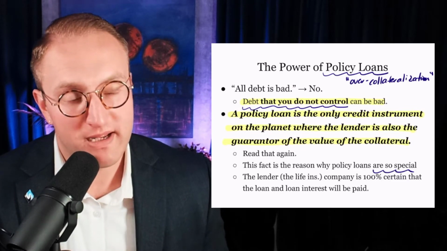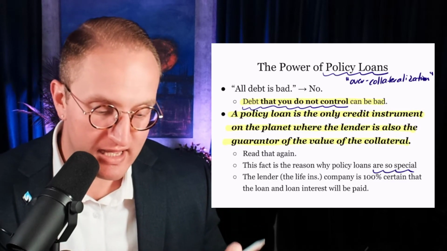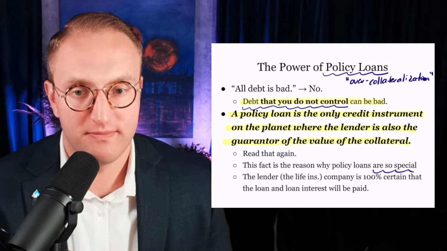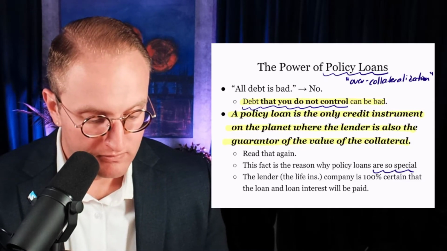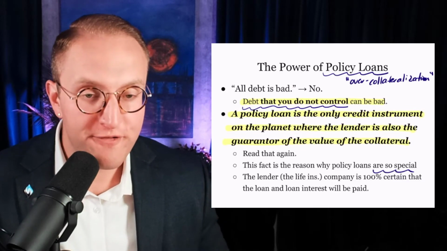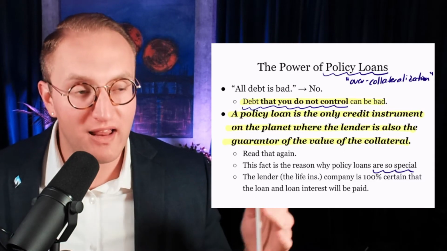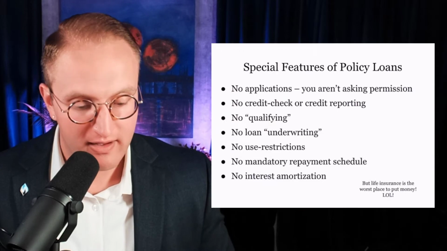That means the company knows they're going to get repaid. That means that they don't have to compensate for that risk of default by padding the interest. And very fun things follow from this very elegant setup. And here's some of them.